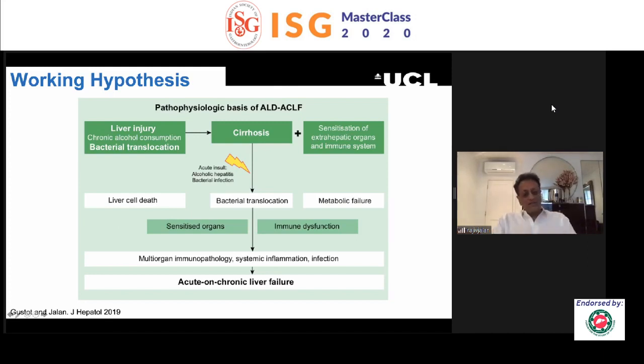And what they have is immunogenic forms of cell death, which is through apoptosis and necroptosis, which can set up a sterile inflammation. And at this point in time, the only way you distinguish is by doing cultures, because we have got no other good way of defining the difference.